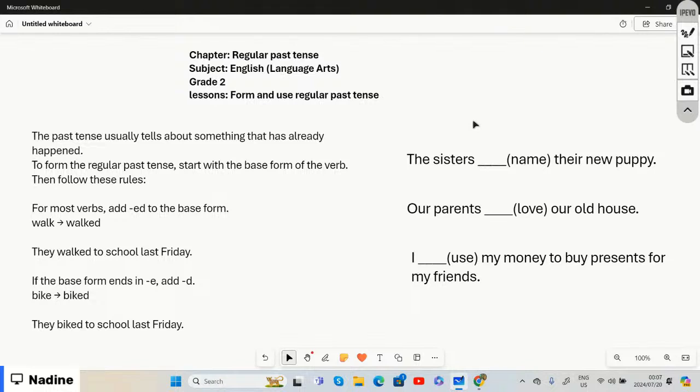In this case, we are focusing on the past tense. It shows us things that happened already, things that happened in the past. So the past tense usually tells you about something that has already happened.